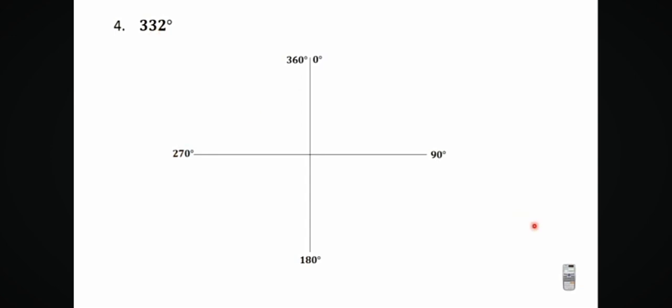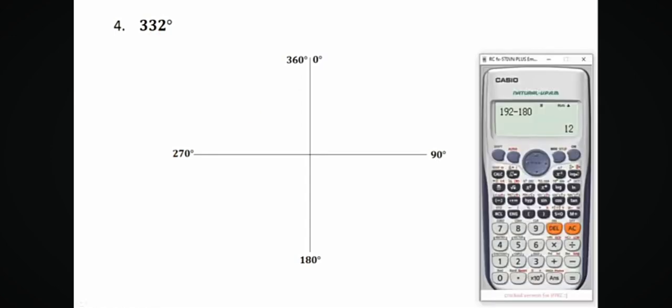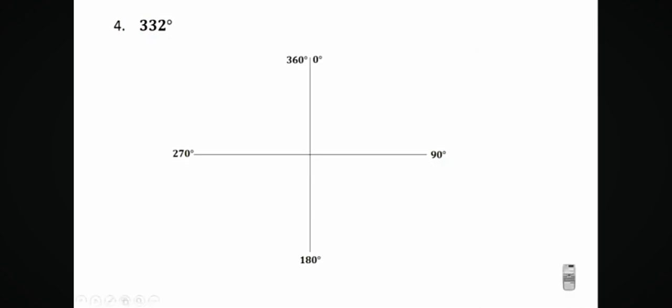How do we find that value? That value will be 332 degrees minus 270 degrees, and that is going to be 62. So it means that we have to measure 62 from 270 degrees.